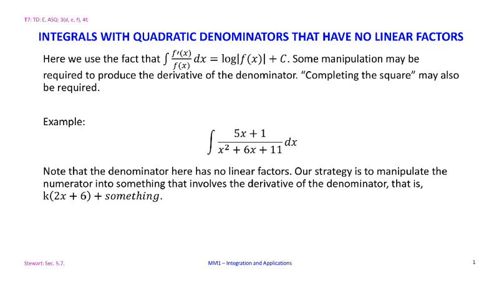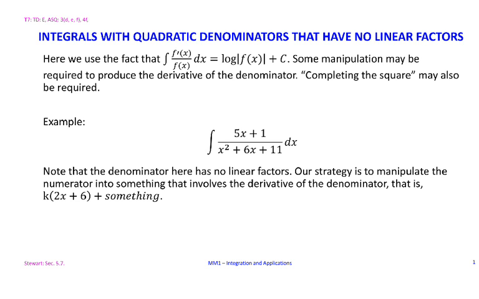What happens if we have a quadratic denominator that has no linear factors? We're still using the fact that the integral of f dash x over f x is log f x, but some manipulation may be required.